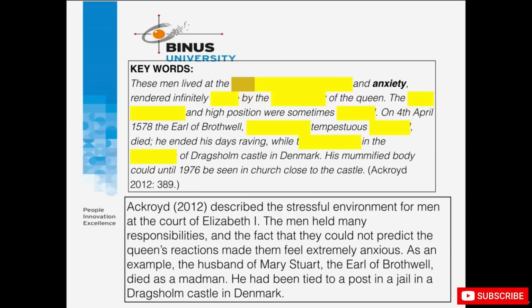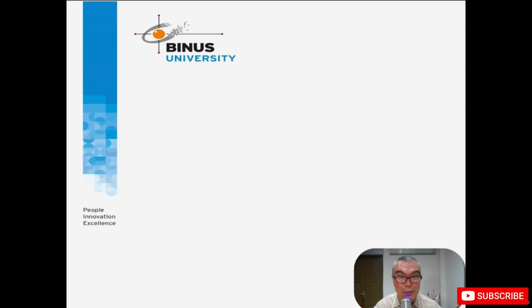As an example, the husband of Mary Stuart, the Earl of Bothwell, died as a madman. He had been tied to a post in a jail in Dragsholm Castle in Denmark. So you can see that I've changed the vocabulary of the key words, and I've also changed the structure as well. Let's look at another example, shall we?